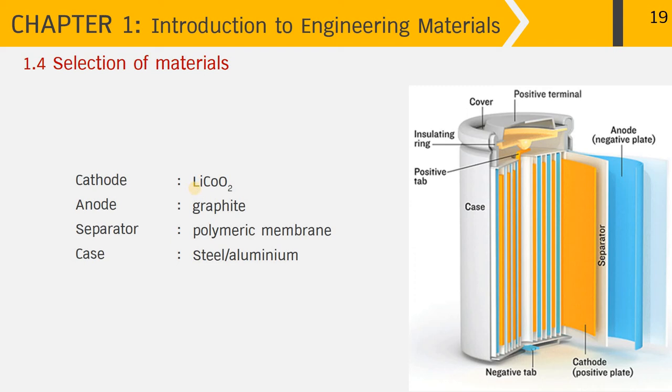Of course, the lithium cobalt oxide is for the cathode, and the anode is normally made from graphite. The separator needs insulation properties, and that will be made from polymeric membrane. And the case needs to hold the whole structure together, made from steel and aluminum.